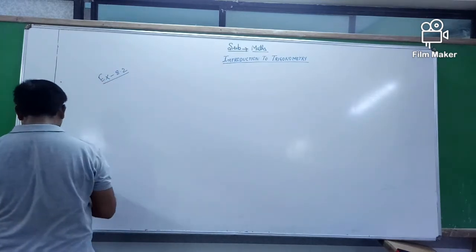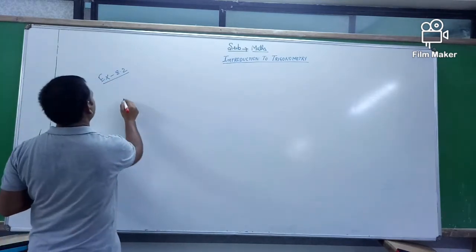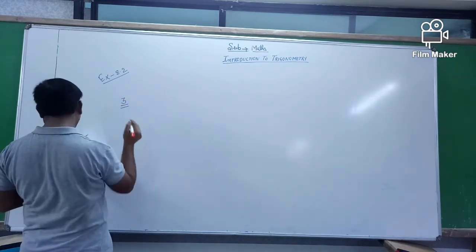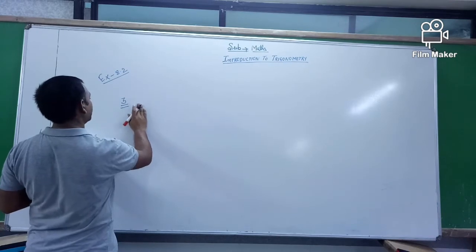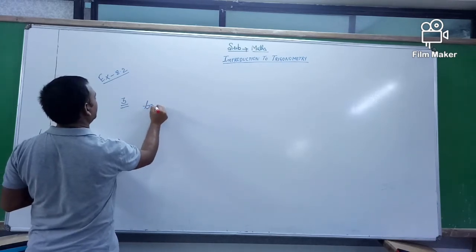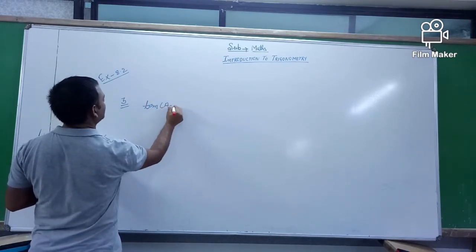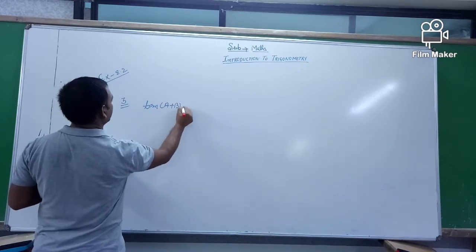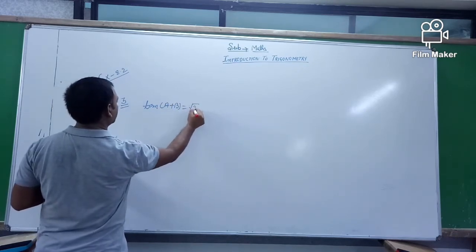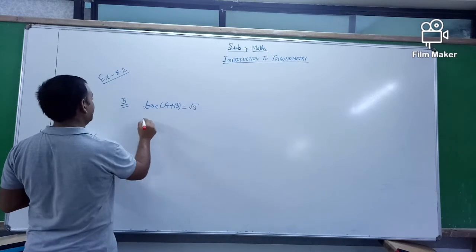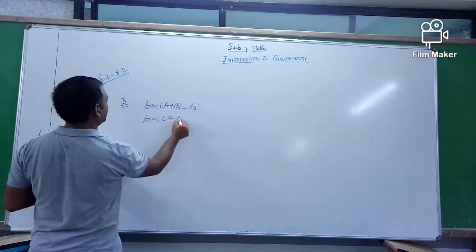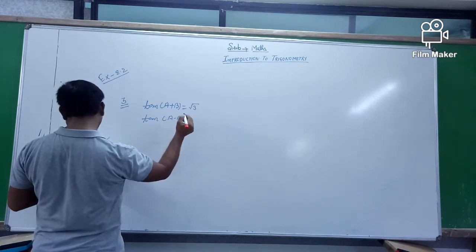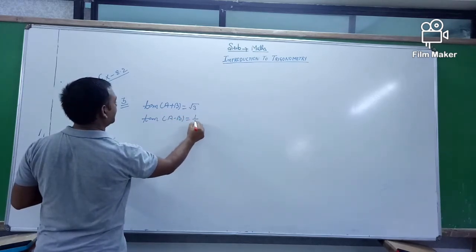Next question, question number 3. Here it is given that tan of A plus B is equal to root 3, and tan of A minus B is equal to 1 by root 3.